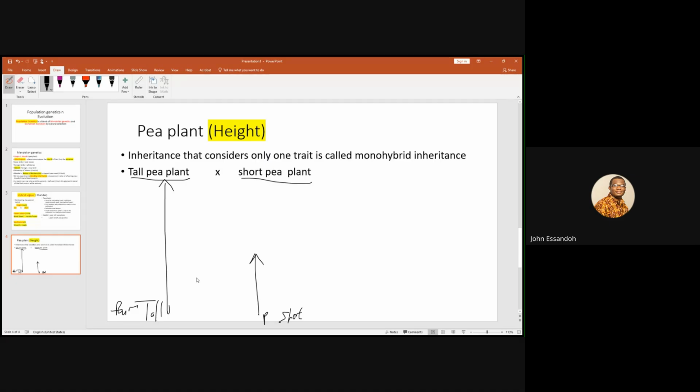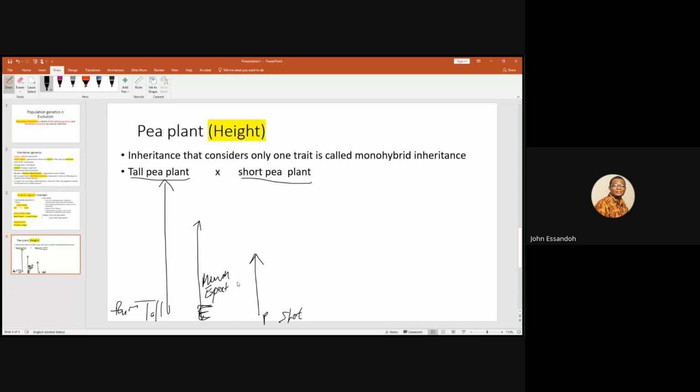Now with this, remember before the start of the experiment, there was a theory in existence. So Mendel was actually expecting something like this. Was expecting that the offspring should be something in the middle, like that. This is Mendel's expectation. This is what he was expecting. Let me put something like E here, what you expect, okay?